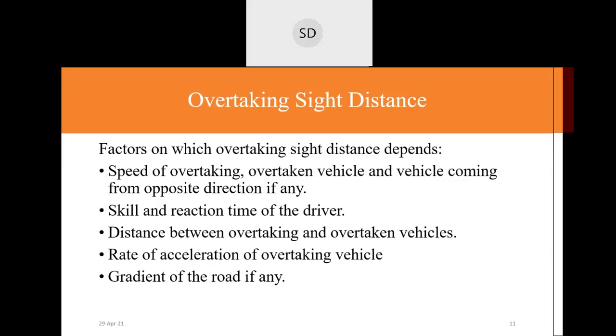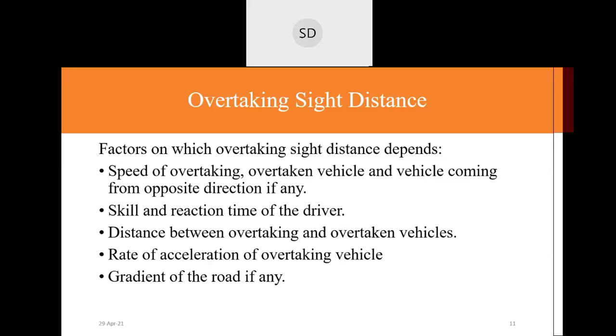Then the skill and reaction time of the driver. If the skill of the driver is good and the reaction time is less, he can react very easily, and within a short span of time he can overtake. Then the distance between the overtaking and overtaken vehicles: what is the distance between these two vehicles and how much distance you have to cover before overtaking?